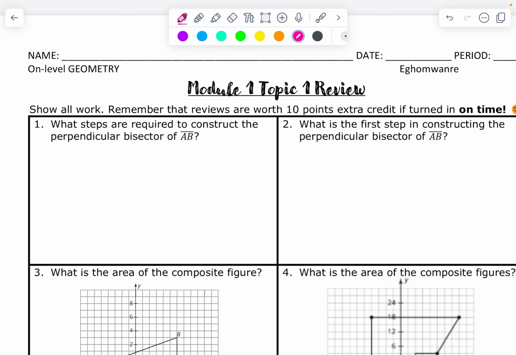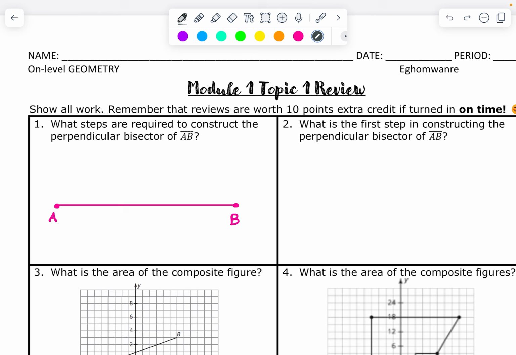Number 1. What steps are required to construct a perpendicular bisector of AB? Okay, so first, I'm just going to go through this. All right, so that's AB. The first thing you need to do is take your compass, and that's not big enough.